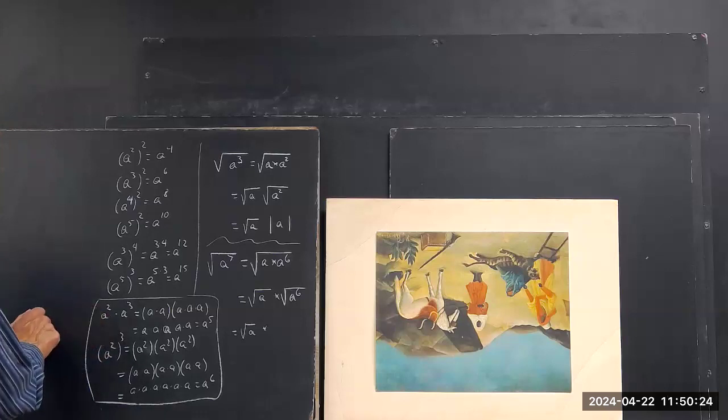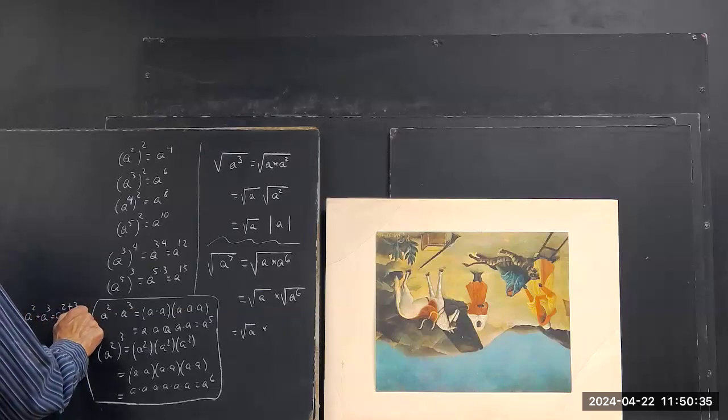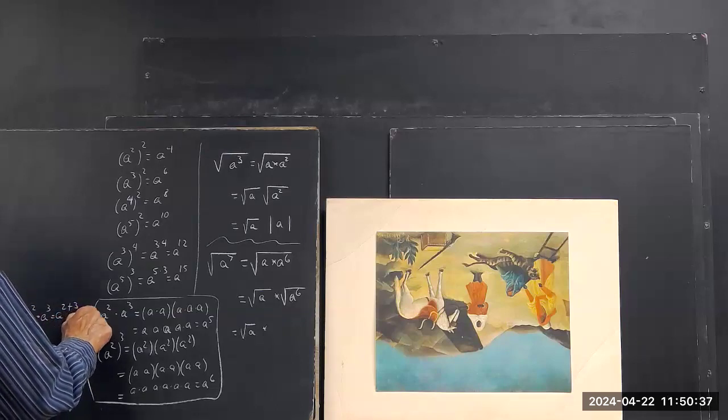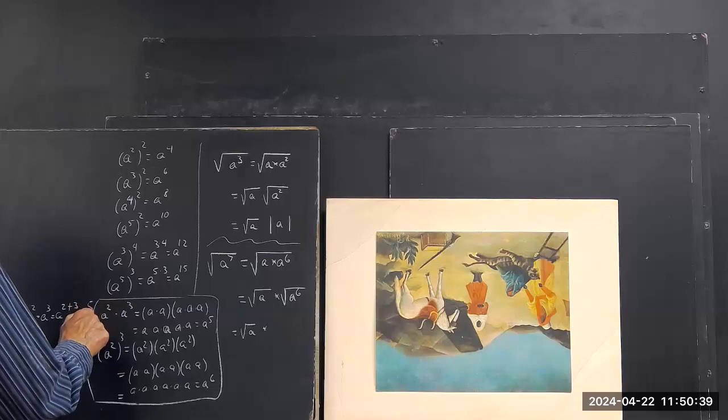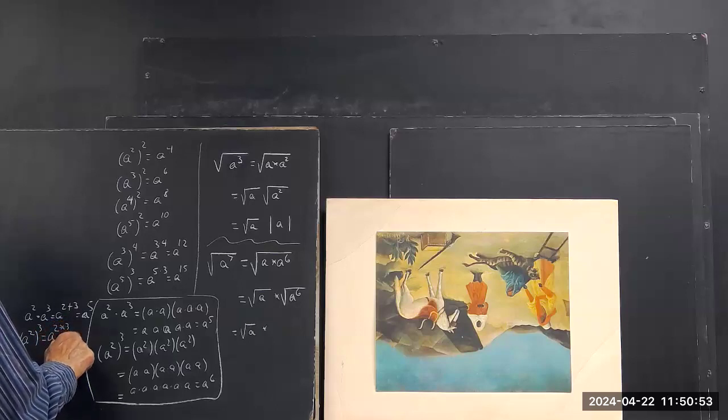So this rule says that a squared times a cubed is a to the 2 plus 3, which is a to the fifth. A squared cubed equals a to the 2 times 3, which is a to the 6th.